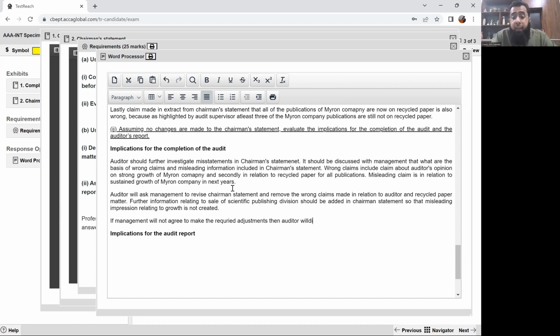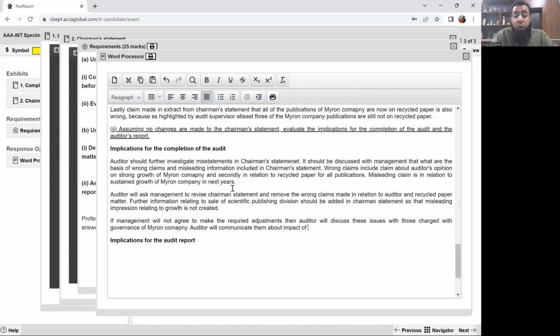Then the auditor will discuss these issues with those charged with governance of Myron company. Okay, the auditor will communicate to them about the impact of these issues on the auditor's report. Okay, so then you will talk with those charged with governance.